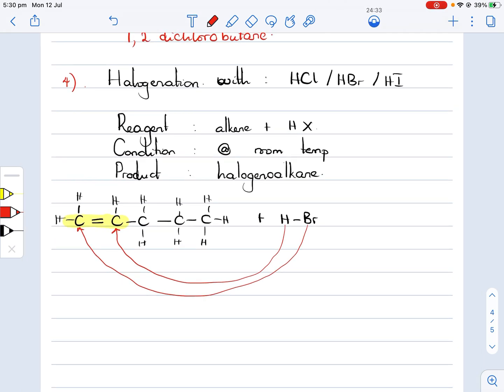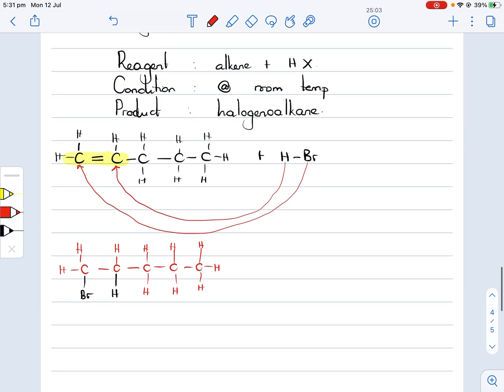So the final product I will have in that case is going to be called 1-bromopentane.